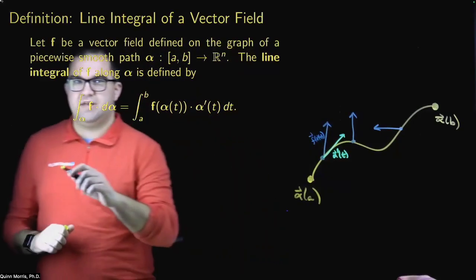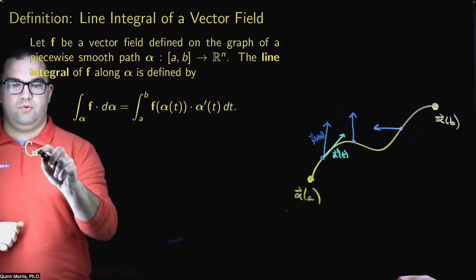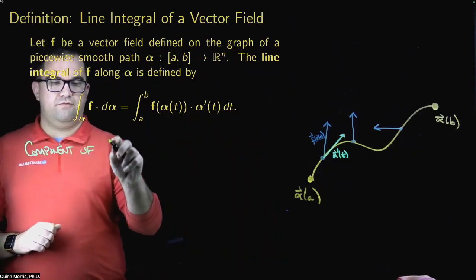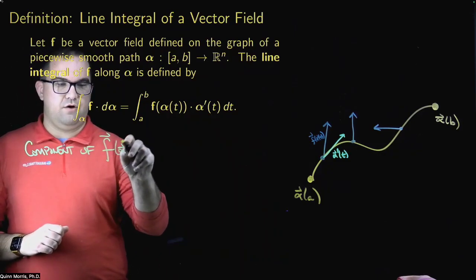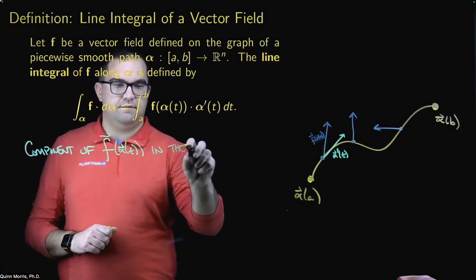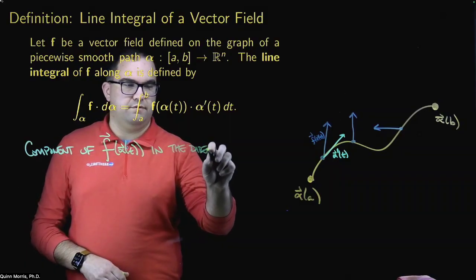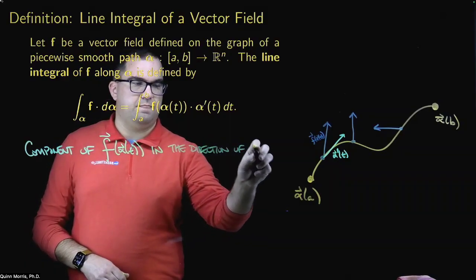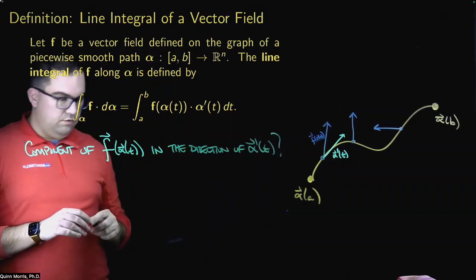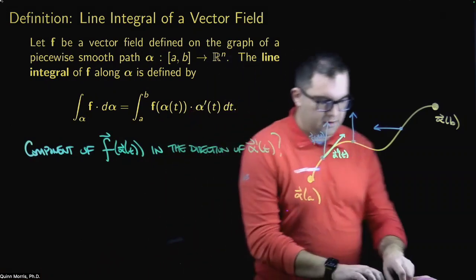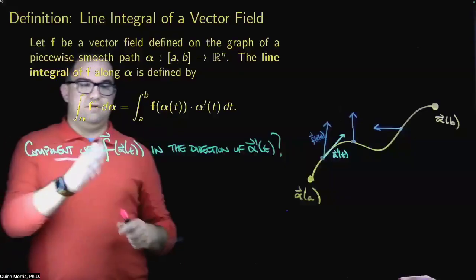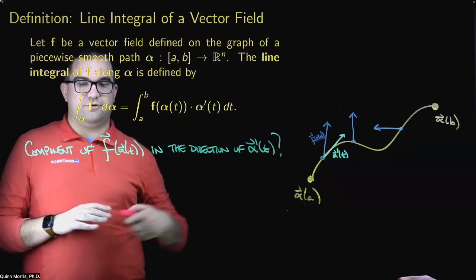So what I really want to understand is what is the component of f of alpha of t that's in the direction of alpha prime of t. Well, back in Calc 3, you would have derived a formula for the component of a vector u in the direction of another vector v.